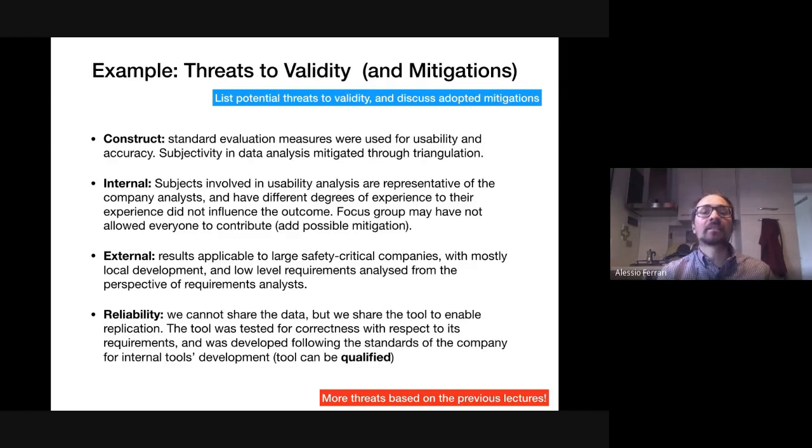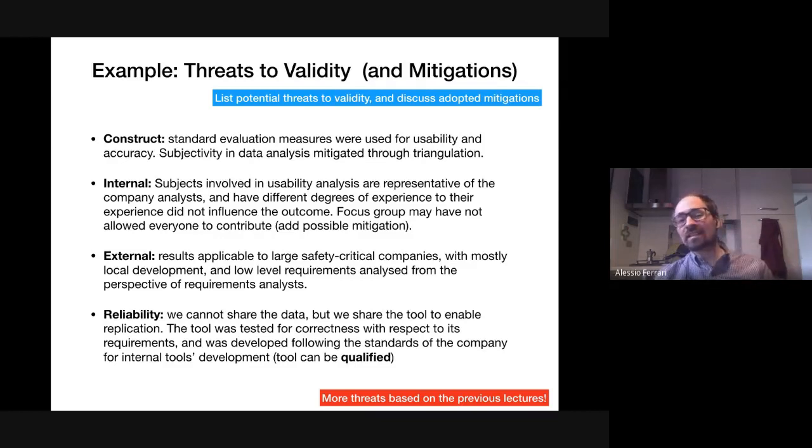In this case, the mitigation may be simply that you allow them to write down their opinion beforehand and to read it out loud before the focus group, or at the beginning of the focus group. This can be a mitigation strategy.